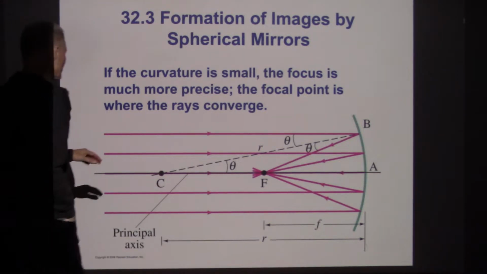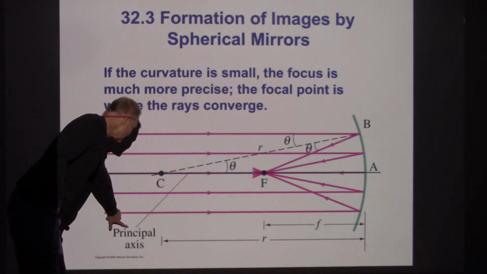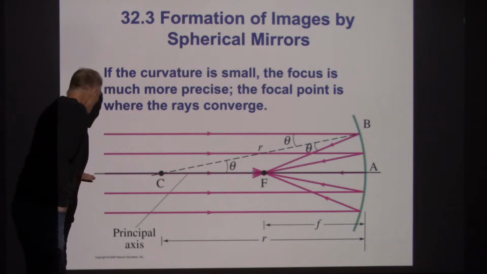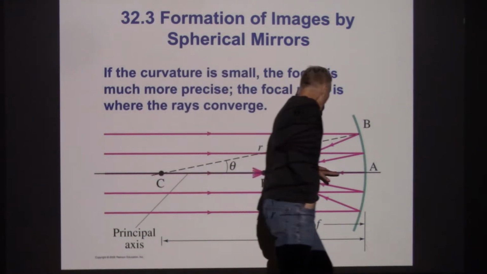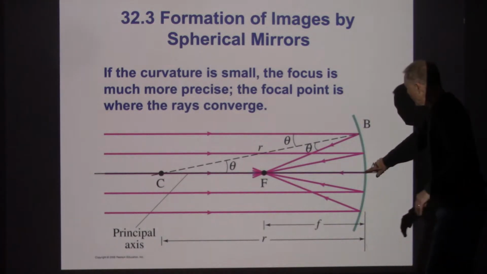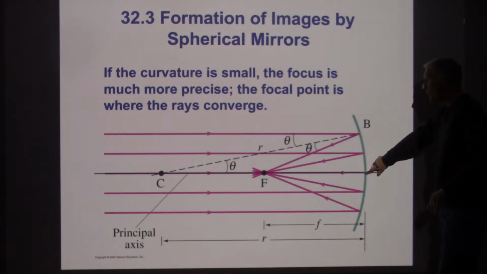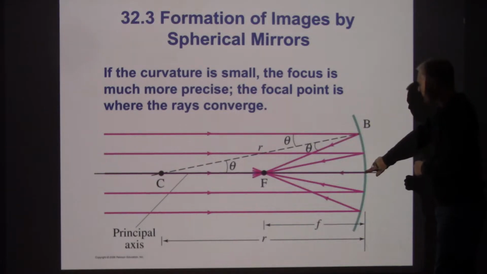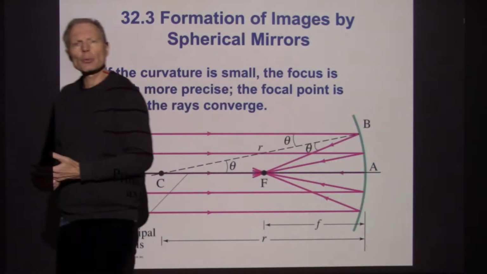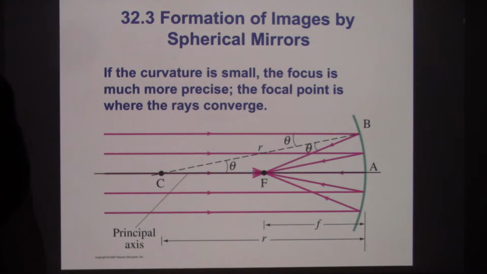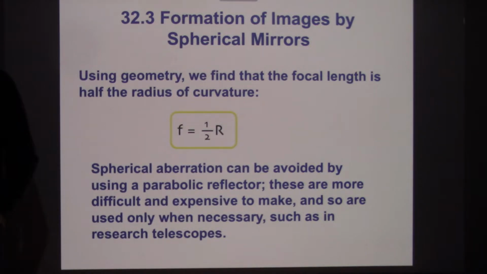And then just for reference, this is the principal axis. So if we take a line that runs perpendicularly right into the center point of the mirror itself, not the center of curvature, but the center of the mirror itself, that's a principal axis.